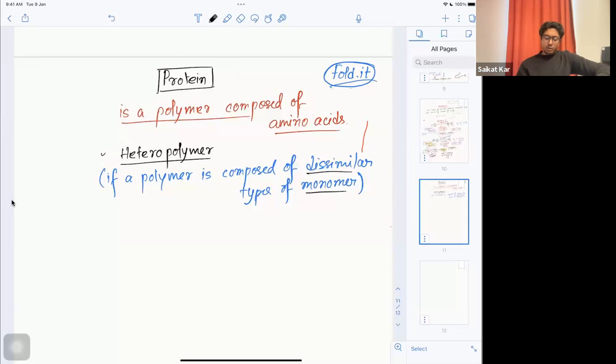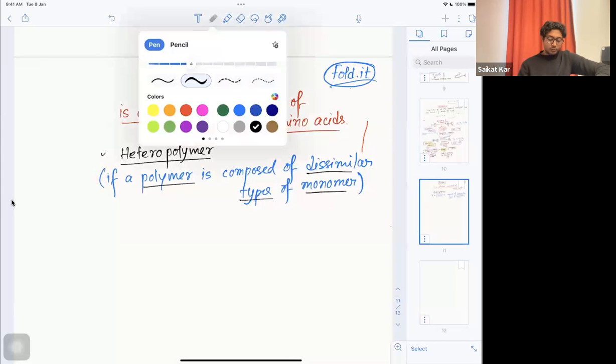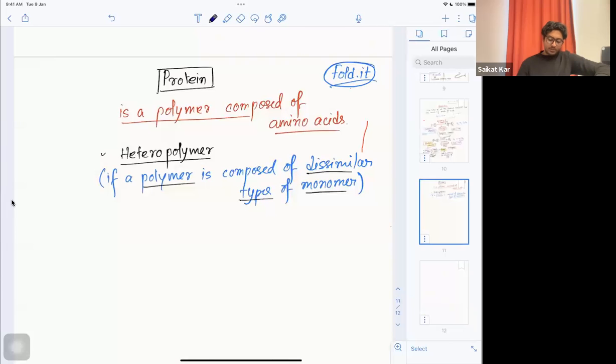Whenever any polymer is composed of dissimilar types of monomer, it is called a heteropolymer. So protein is a heteropolymer because protein has 20 different types of amino acids.